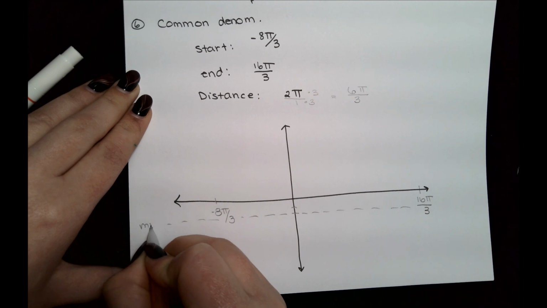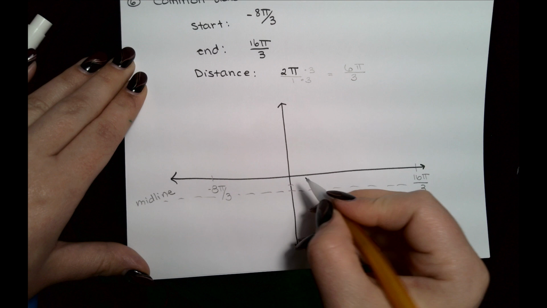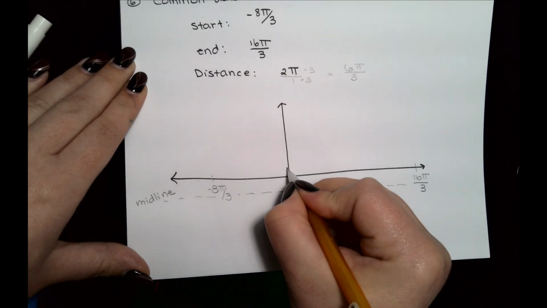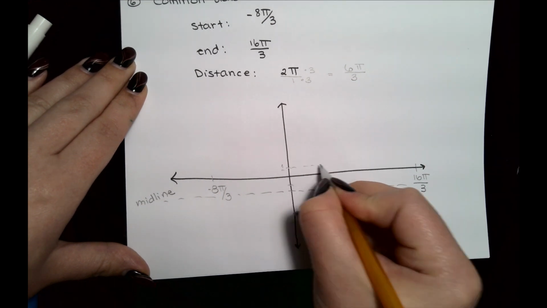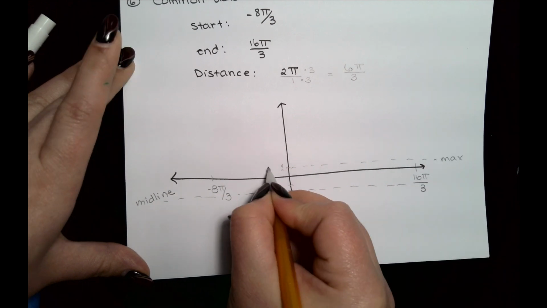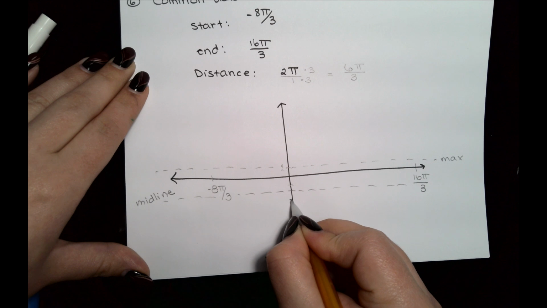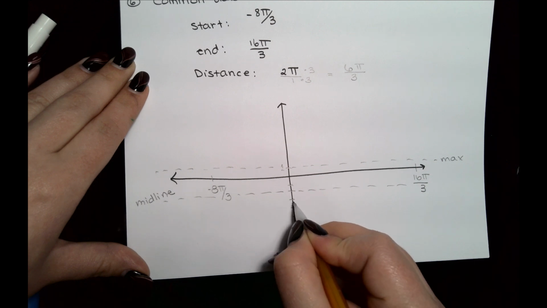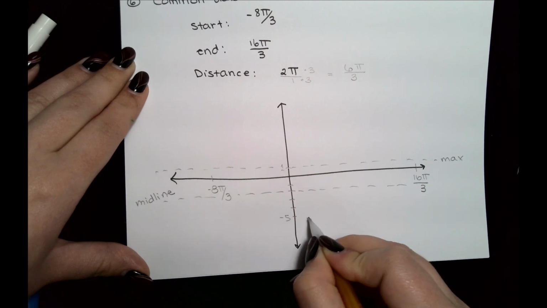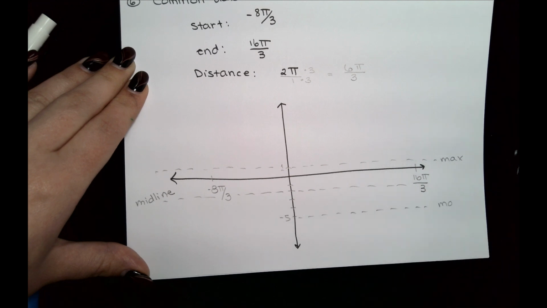Here's our midline. Then our amplitude, we're going to go up 3, 1, 2, 3. Our maximum is then at 1. And our midline is at 1, 2, 3. So negative 2, negative 3, negative 4, negative 5. Oops, not max, min.